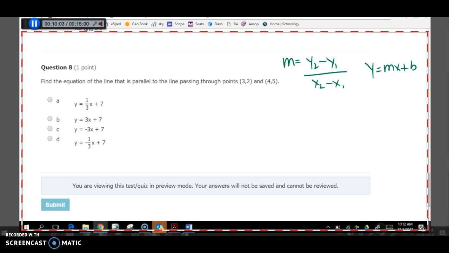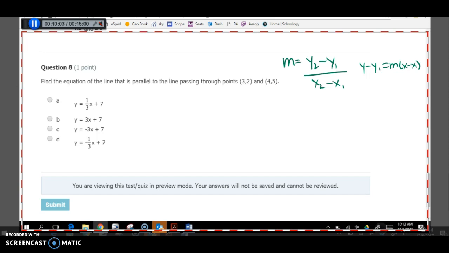You need the slope, point slope, y minus y1 equals m times x minus x1.